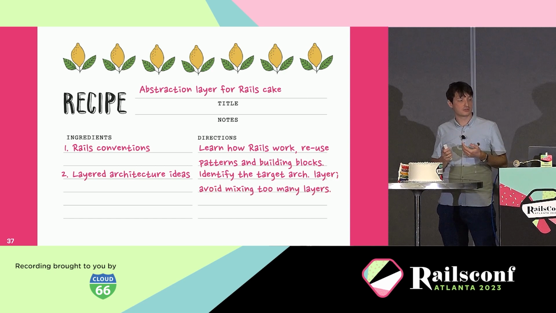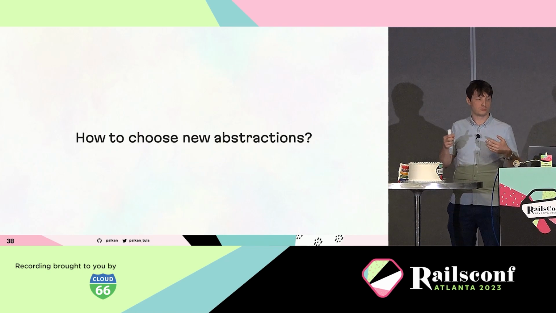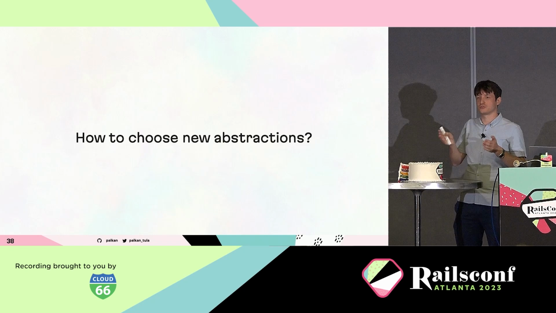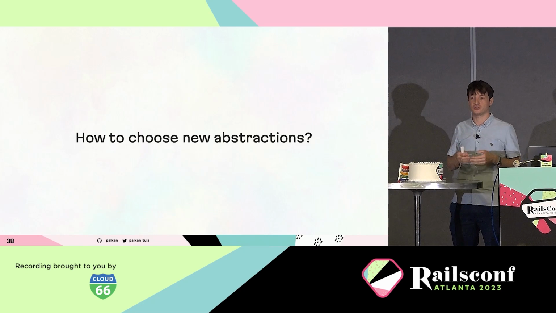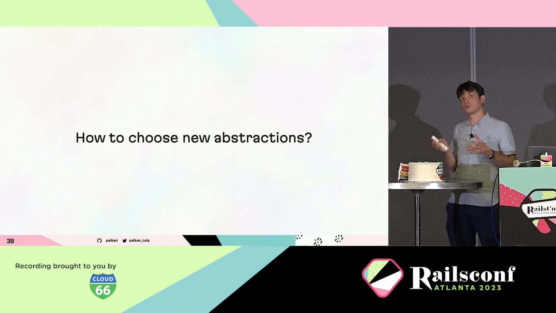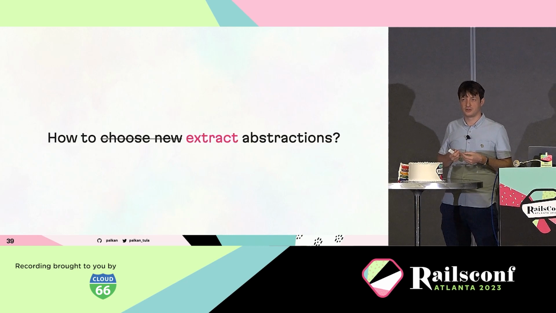The final ingredient will answer the question of how to choose new abstractions. Where is the catalog of abstractions I can choose from? Where is the 5-star abstraction everyone should use? But the thing is, in order to create a good abstraction, you should replace this question with another one: how to extract abstractions.